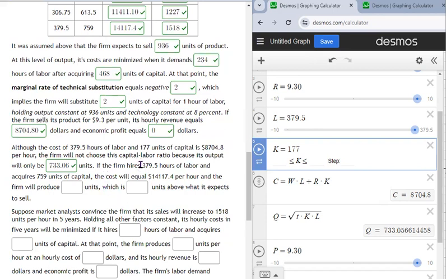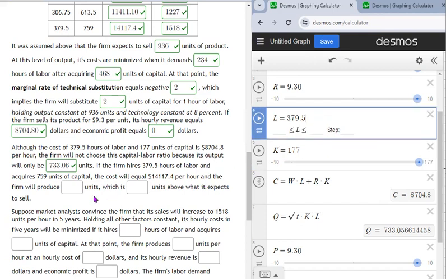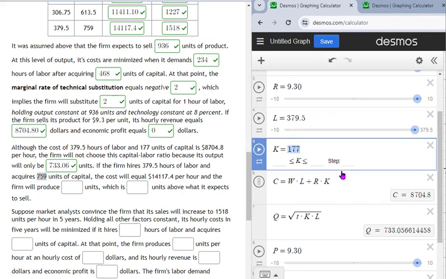If the firm hires that amount of labor and it had acquired 759 units of capital, the cost is in fact $14,117.4. It's this last row of the table.